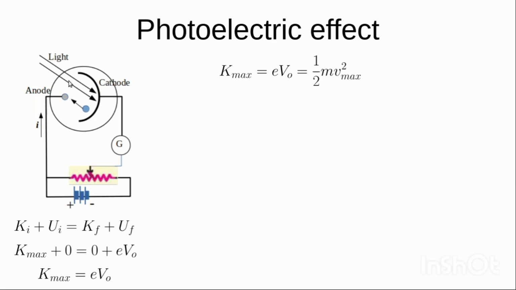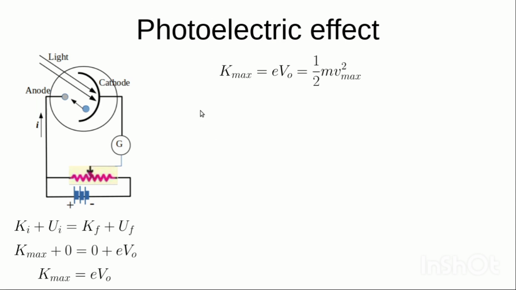When the light falls on this, it does work in digging the electron from the surface. Once that electron is dug out, it possesses a speed with which it will be ejected from this point towards this point. That light source possesses energy hf, where f is the frequency and h is Planck's constant.